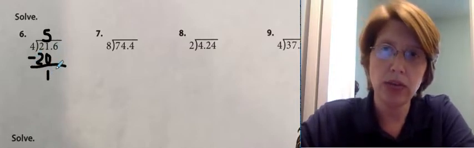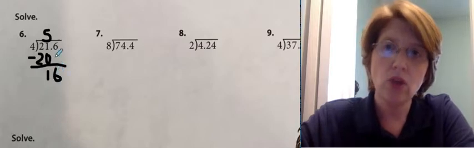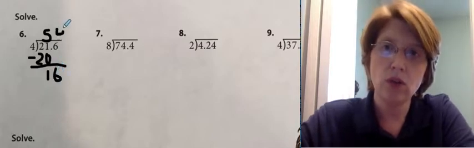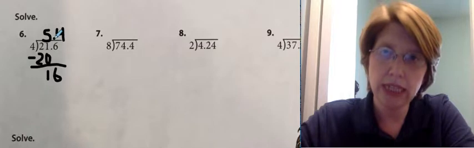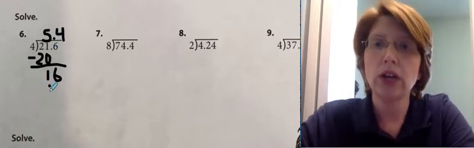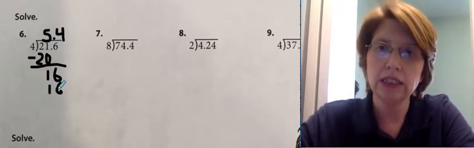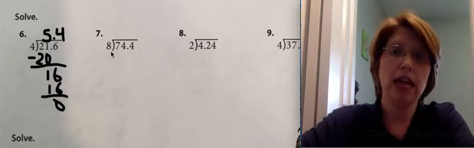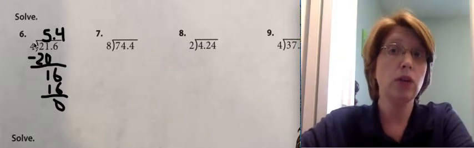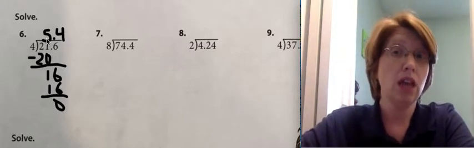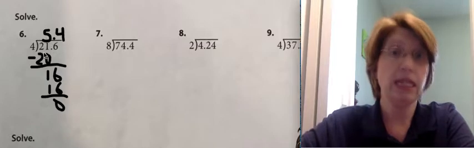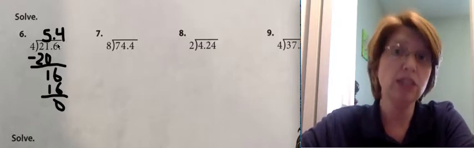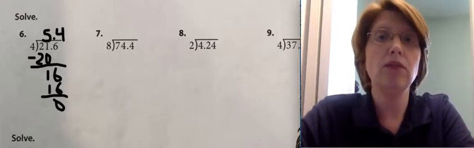Now we're going to bring down the 6. 4 goes into 16 4 times. We're going to be sure to put that decimal there. 4 times 4 is 16. Again, no remainder. And we got it. Now, does that make sense? Can 21 split up into 4 pieces be 5? Yes, and if 21 had a little bit more pieces, then there would be a part left there.